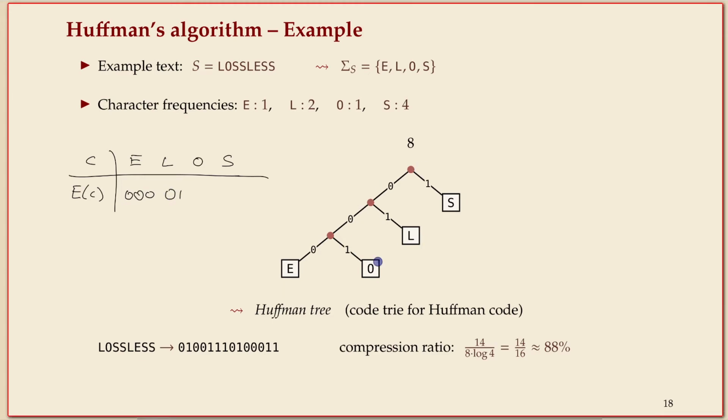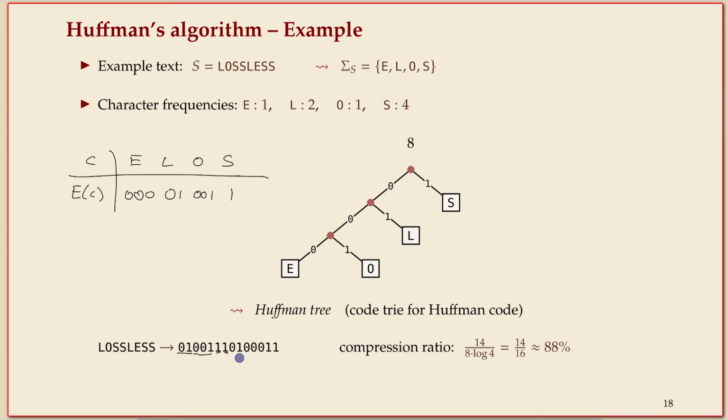O is 0, 0, 1. And S is just a single 1. And so if you encode losslessly using this, you would first put an L, that's the 0, 1. Then you would put an O, 0, 0, 1. That's where these come from. And then you have 2 S's, that's 2 1s, and so on and so forth.